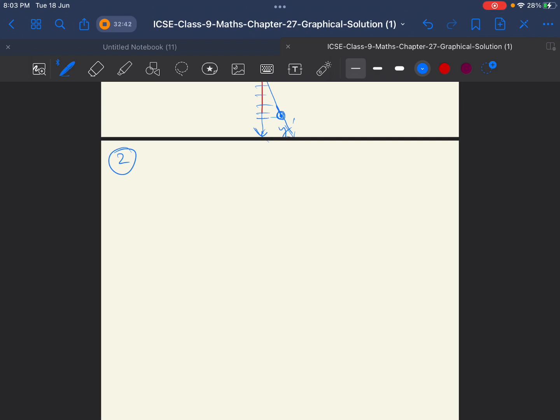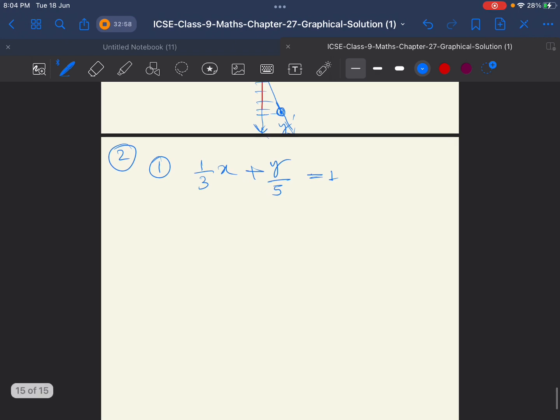Then question number 2, draw the graph for each equation given below, hence find the coordinate of the points where the graph drawn meets the coordinate axis. Okay, first equation, x by 3 plus y by 5 equals to 1.